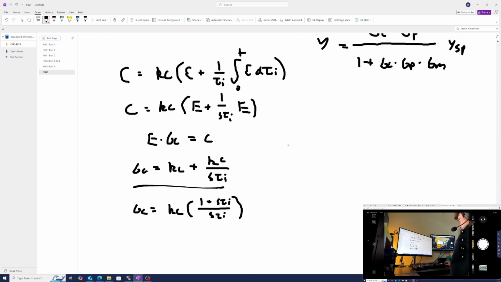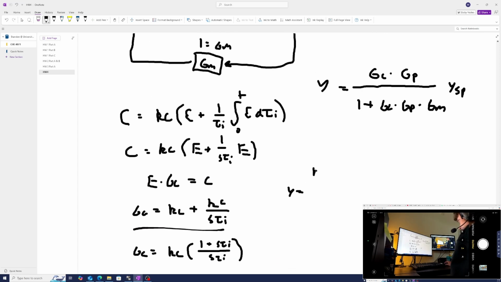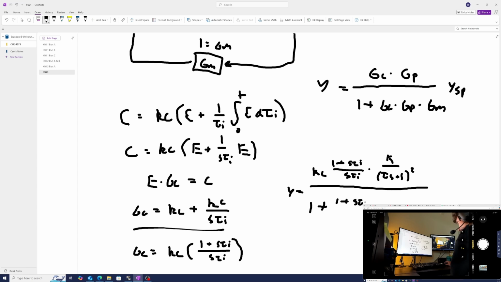So we get Y is equal to GC, so Kc times 1 plus S tau I over S tau I, times our GP, so K over tau S plus 1 squared, over 1 plus GC, so 1 plus S tau I over S tau I, times GP, K over tau S plus 1 squared, times our GM, which is just 1, times our YSP, set point.